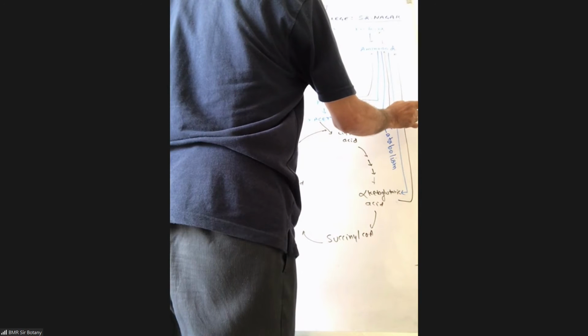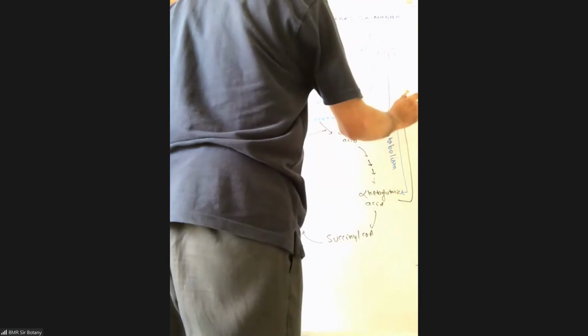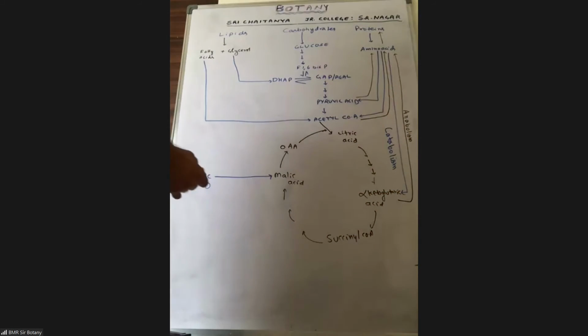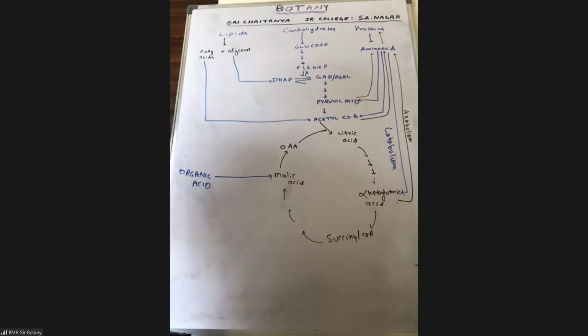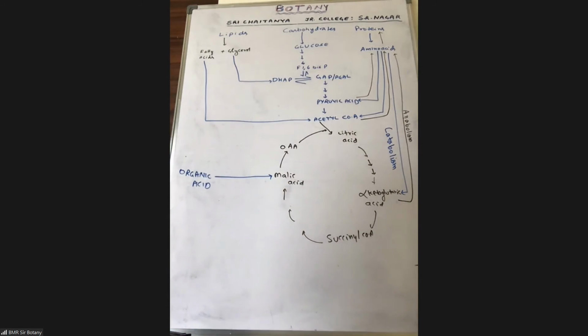Anabolism. Forward, catabolism. Upward, anabolism. So, because of its significance in both catabolism and anabolism, it is called an amphibolic pathway.